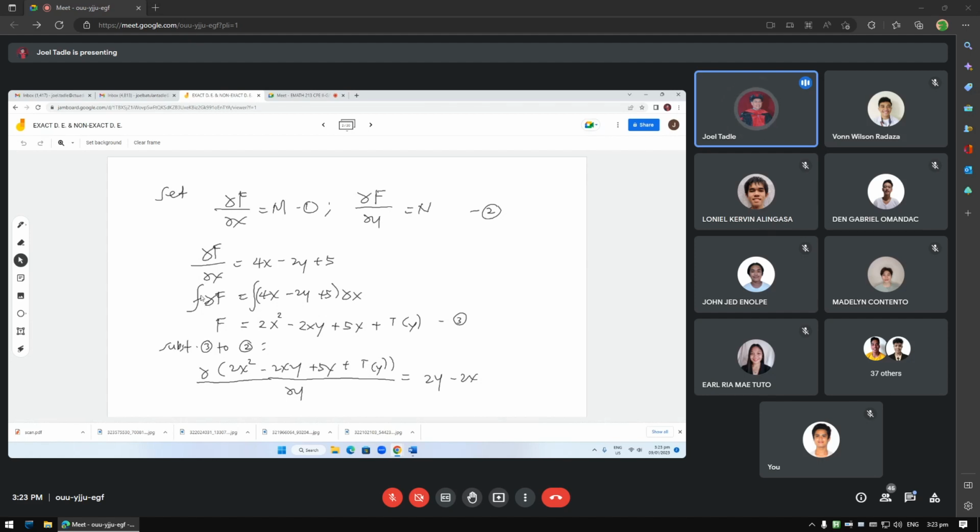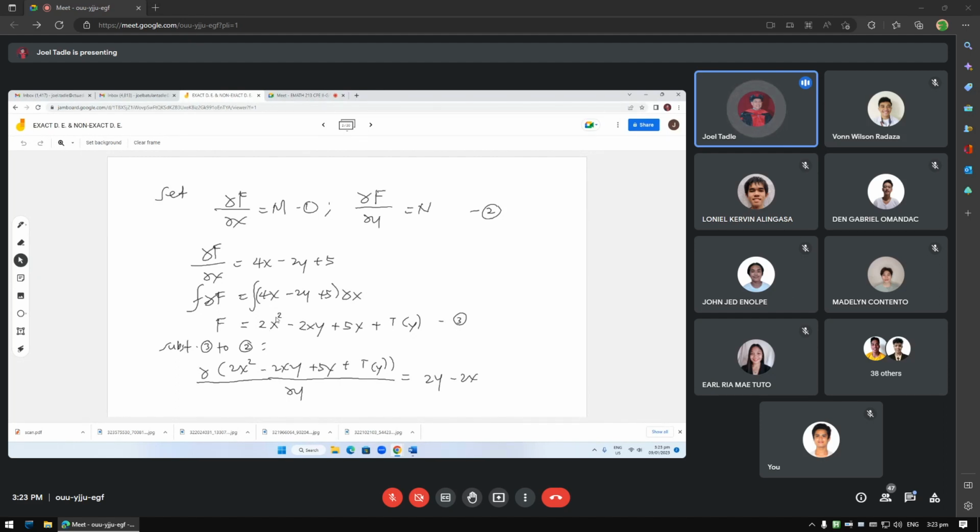Integral of partial derivative of f is equal to f. Ma-cancel out na to ang symbols, integral and partial derivative symbol. Then there is a right side, will integrate with respect to x. The integral of 4x dx is equal to 2x squared.